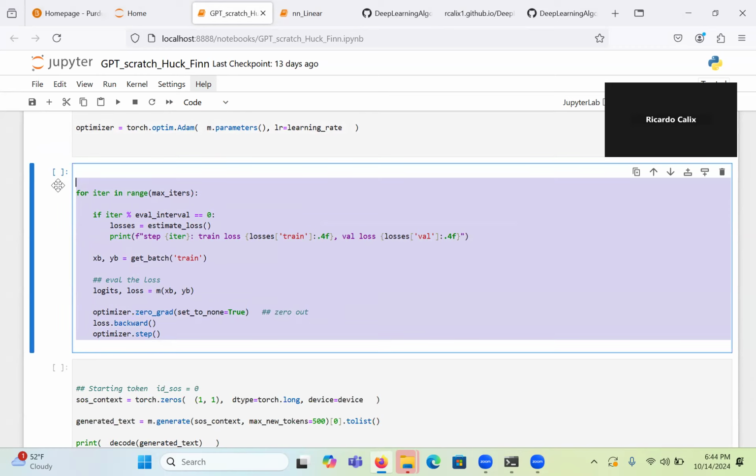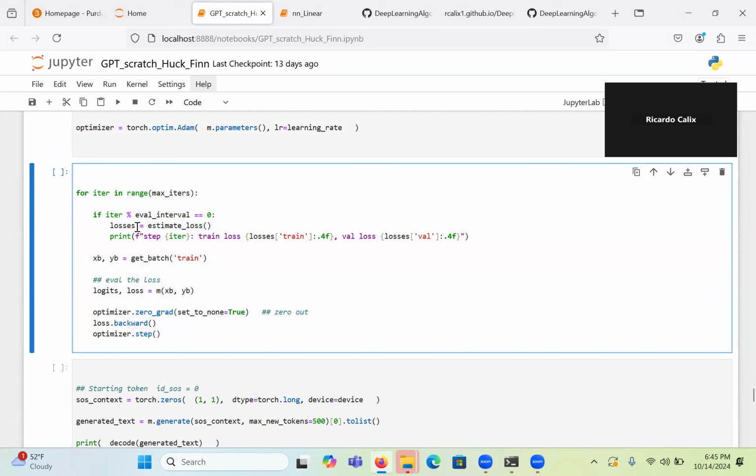So this is the training process, very similar to other ones. You're going to iterate max iterations. If you remember at the beginning, we grab a batch of training data. We've already discussed this function. What was it?